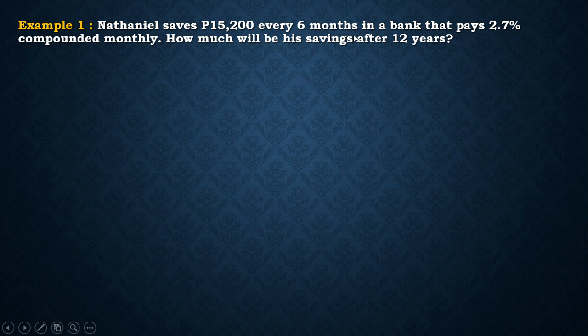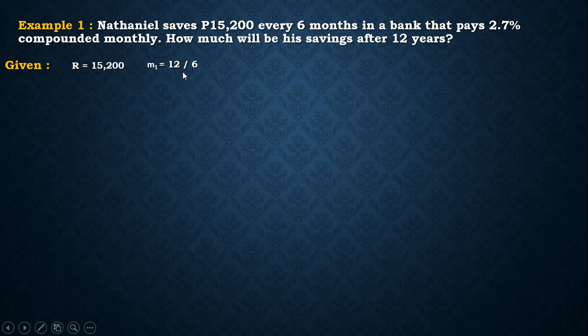So, payment interval is 6 months. The interest compounding period is monthly. 6 months tapos monthly, that is general annuity. Given, we have R, or the regular payment, is 15,200. And then we have M sub 1. So, ito, yung M sub 1, yung 12 dito ay 12 months in a year.